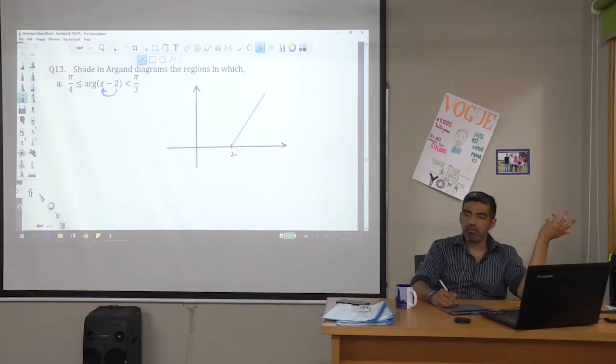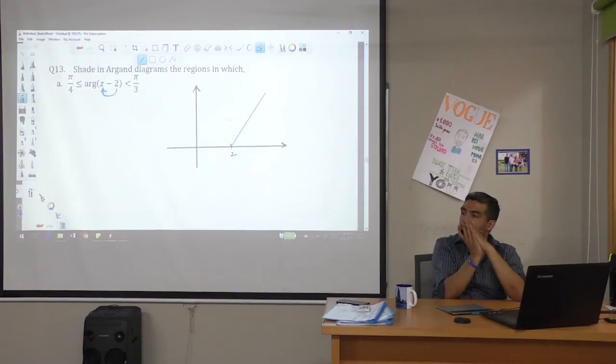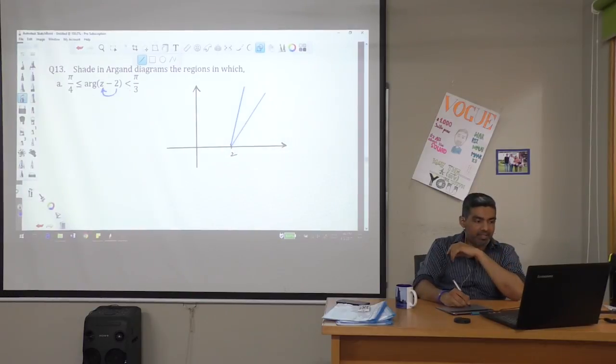Okay. And z, when connected to 2, is somewhere between the angle pi by 4 and pi by 3. Now the pi by 3 angle is something like this. It's a 60-degree angle, so it's going to be more than 45. It's going to be something like this. And by the way, that line is not included.